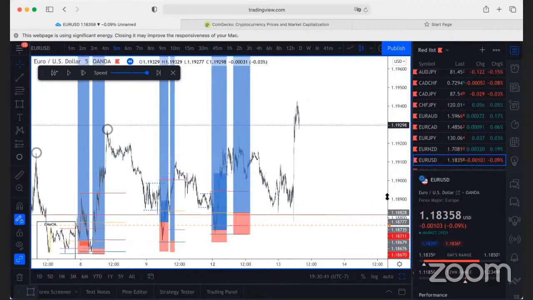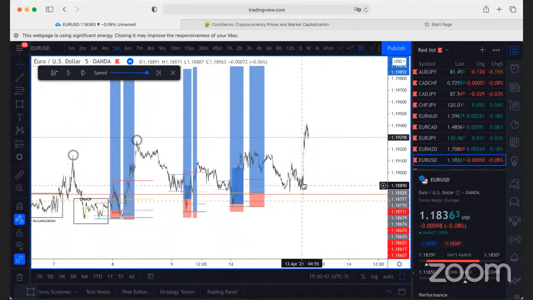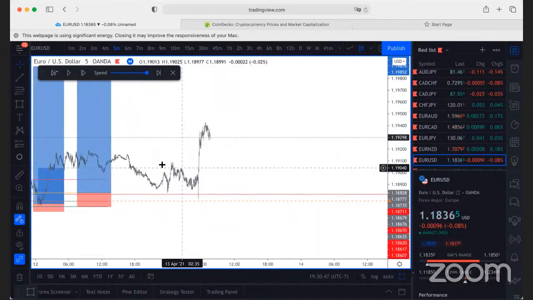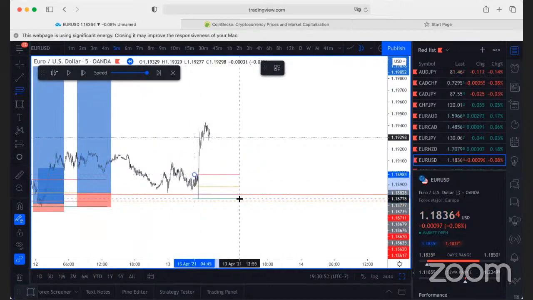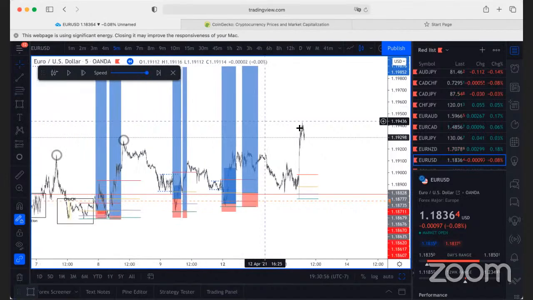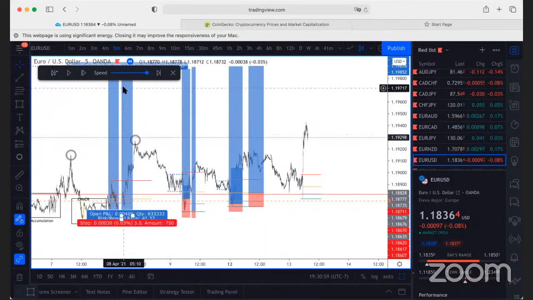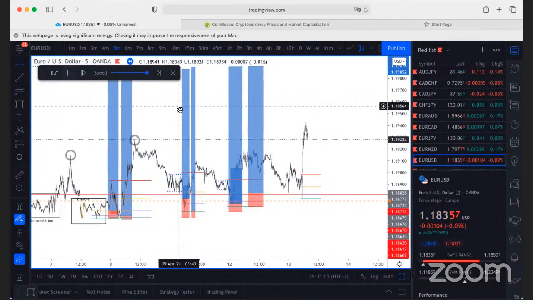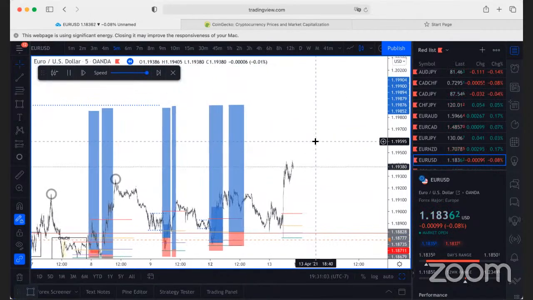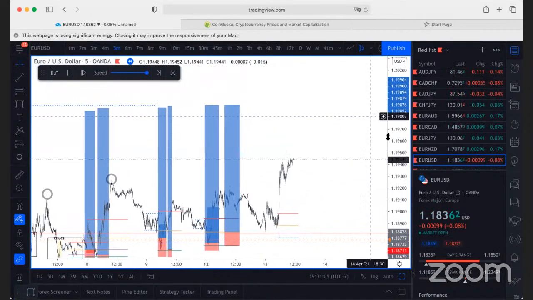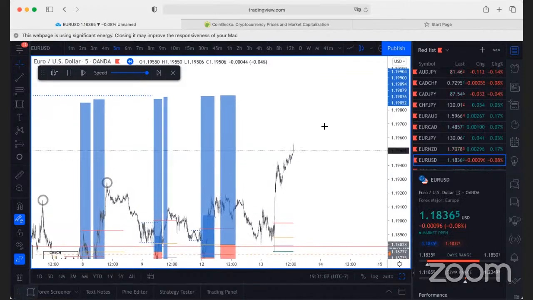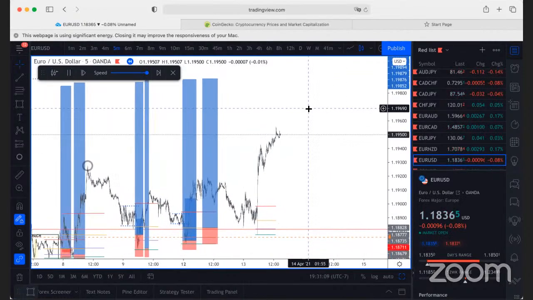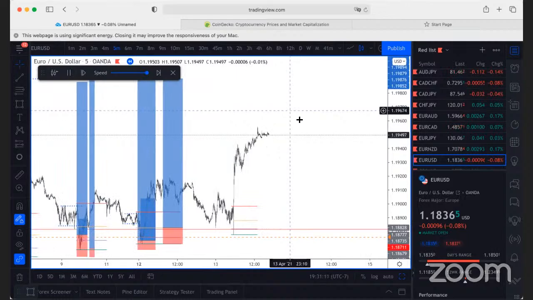Let's just see if we can get a schematic at this point, because this isn't necessarily too clean. We have a crazy wick. We could measure the whole push down and say we want a schematic anywhere out of this area. And we can then allow price to play. Do we come back?